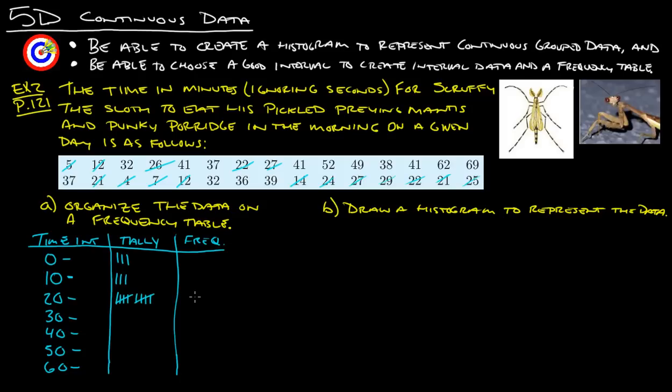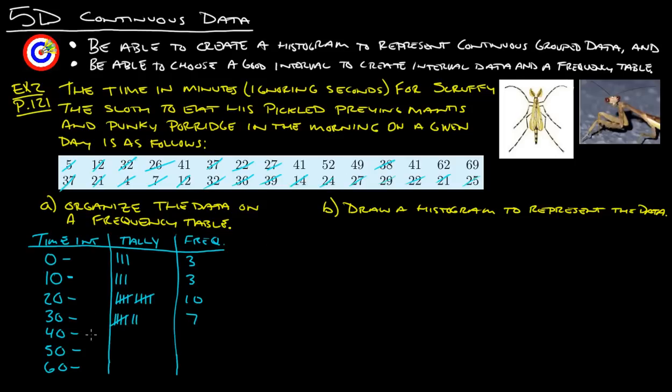Okay, so really if you think about it, on a frequency table we don't even really need to have this tally piece here. We can just do the frequency, because we're just going through and crossing them off and counting them. So like on the 30s, we've got 1, 2, 3, 4, 5, 6, 7 of them. So this part here you don't really truly need to do if you're crossing them off.